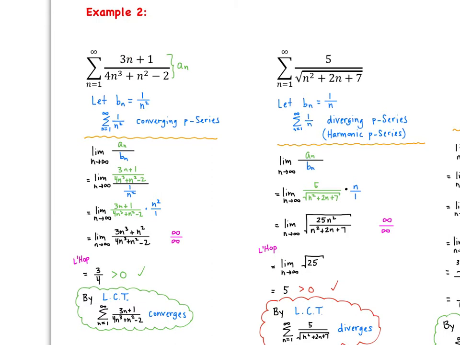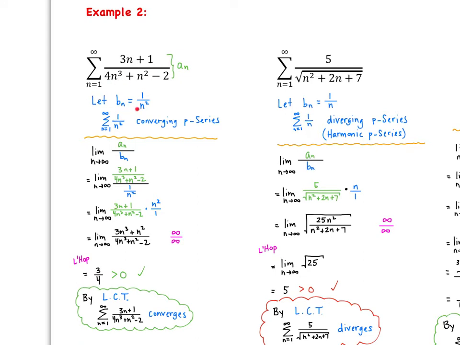So I pick a b sub n accordingly. Now remember, we're dividing by b sub n, which is like multiplying by the reciprocal. So if I let b sub n be 1 over n squared, eventually when we take the quotient, I'm going to be multiplying this denominator by the numerator of a sub n.